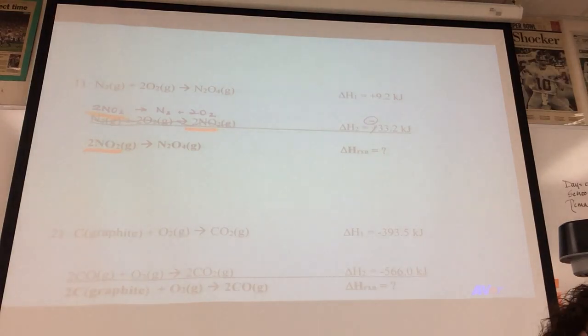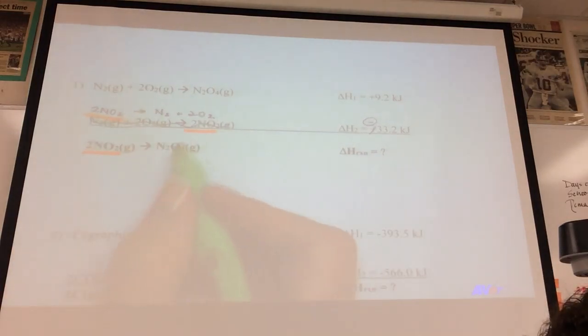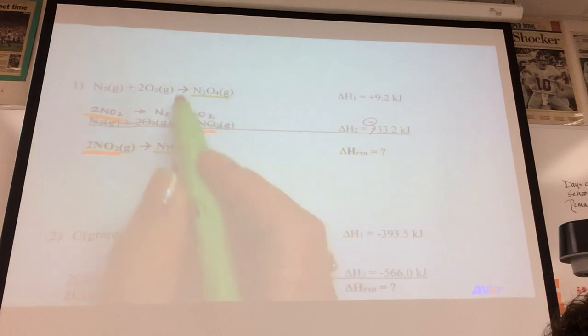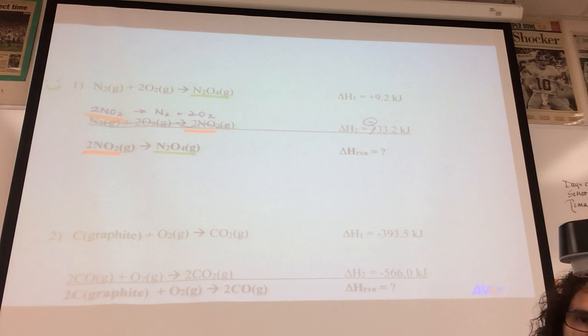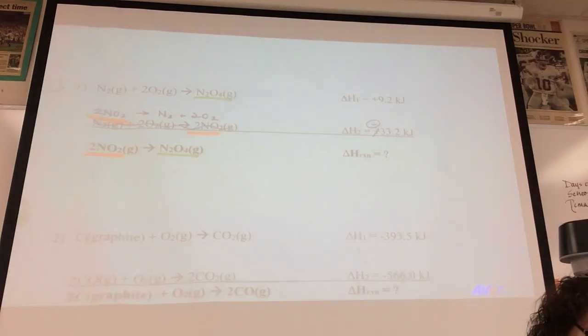Now I look at the product, which is dinitrogen tetroxide. Where's that? Right here. It's on the correct side. The coefficient matches. That suggests that that first equation is fine as written.